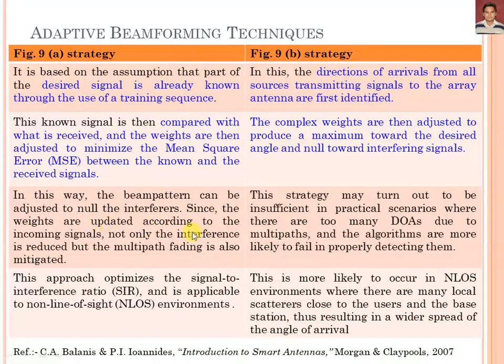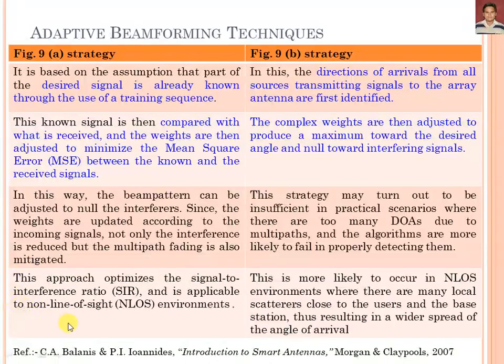Since the weights are updated to the incoming signal, not only is interference reduced but multipath fading is also mitigated in the case of the first strategy. But in the case of the second strategy, there are too many directions of arrival due to the multipath, and the algorithms are more likely to fail in properly detecting them.